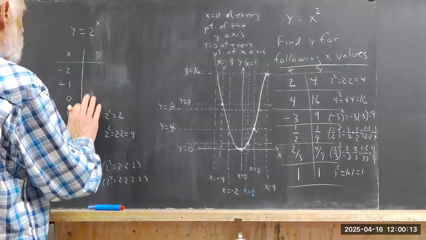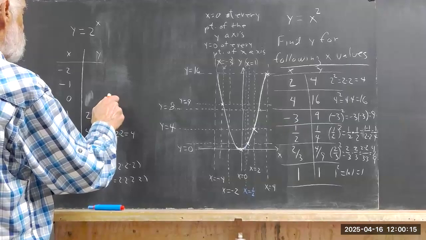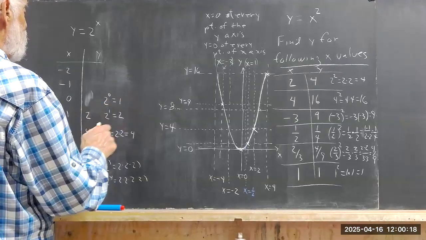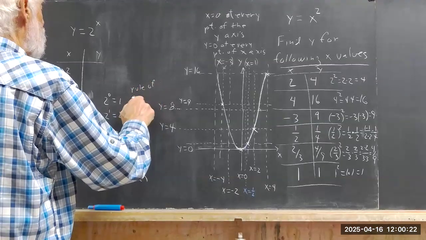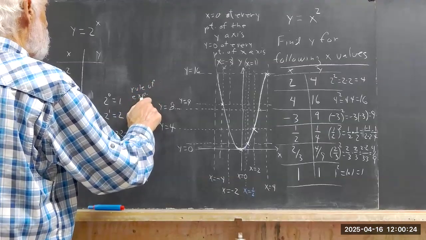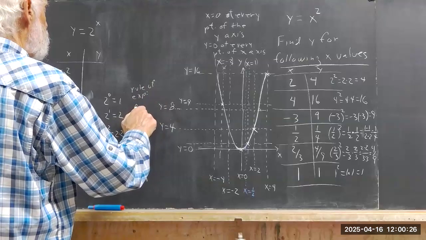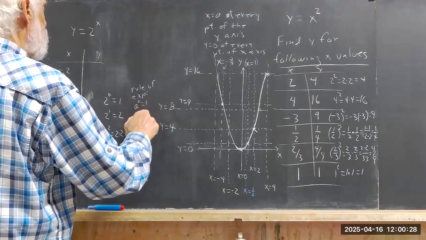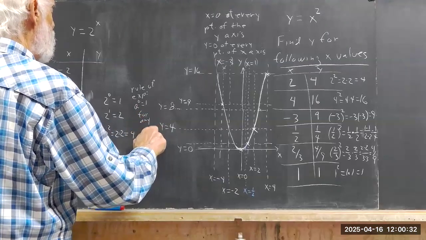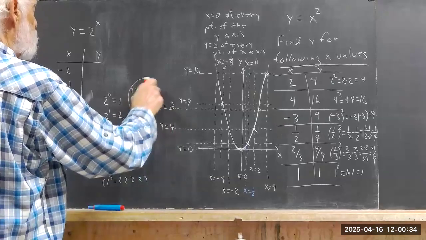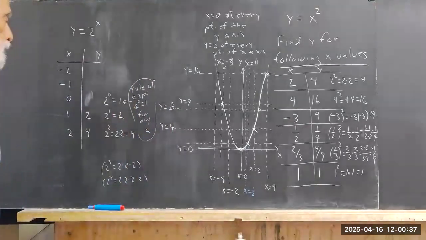And I should put that out here: 2 to the 0 equals 1. The rule of exponents says that a to the 0 equals 1 for any a.